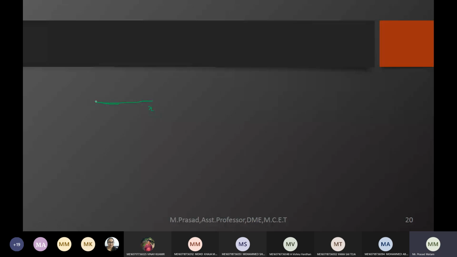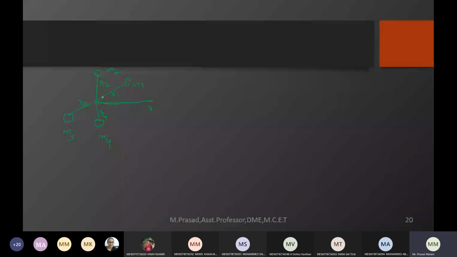With respect to this point, I am having mass M1. Similarly, this is mass M2, somewhere else here mass M3, and this is the position of mass M4. These four masses: M1 is located at radius R1, M2 at radius R2, M3 at radius R3, M4 at radius R4.